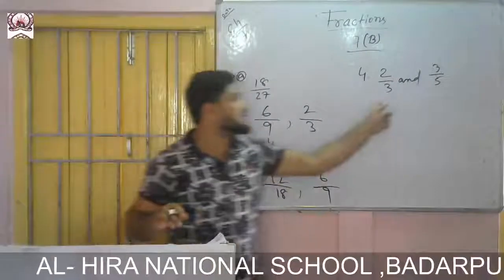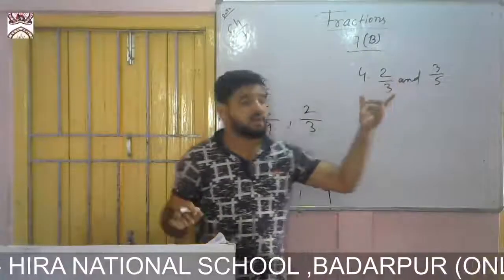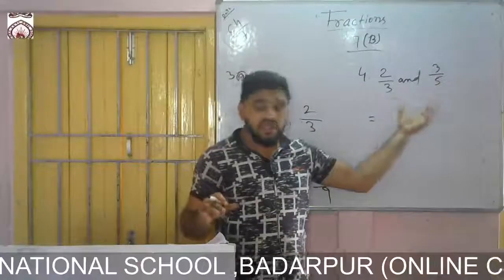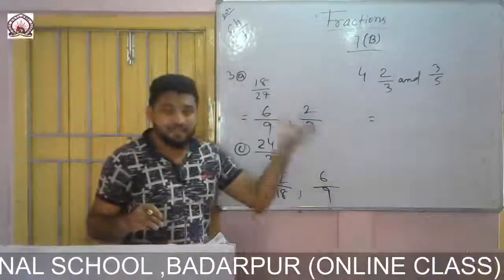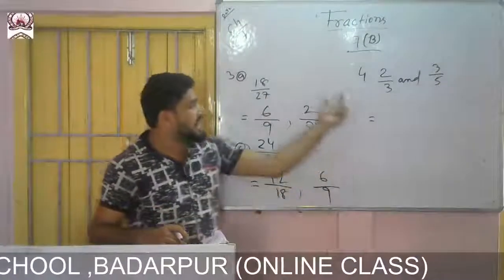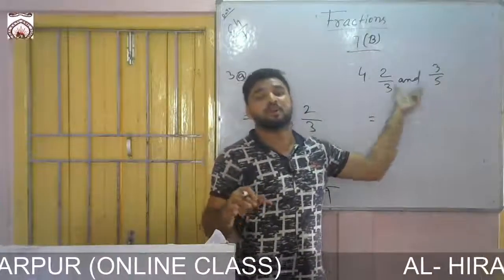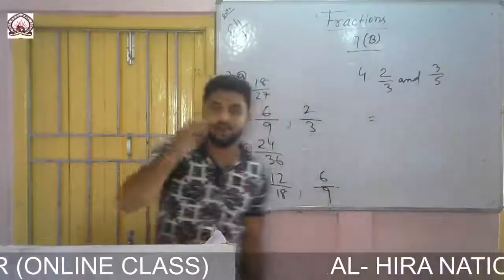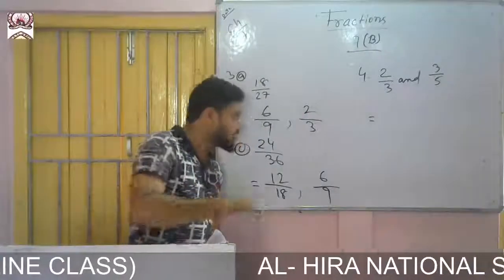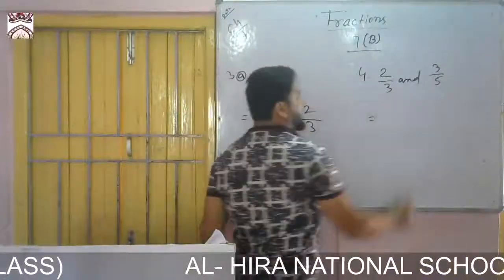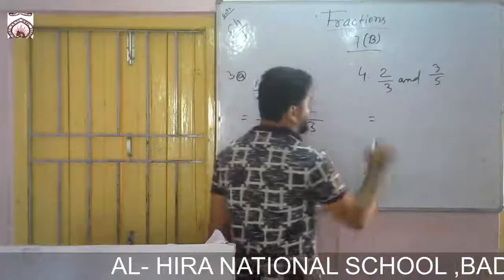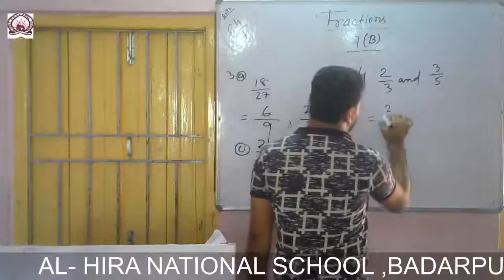So here in this case 3 and 5, the denominators are not the same. So we need to change them to the same denominator. So take the LCM of these two denominators, and this LCM will be the common denominator. If I take the LCM of 3 and 5, it will be 15. So write like this: 2 by 3.